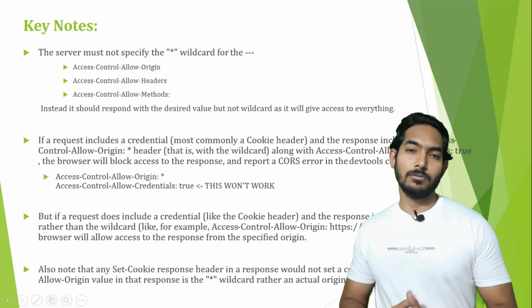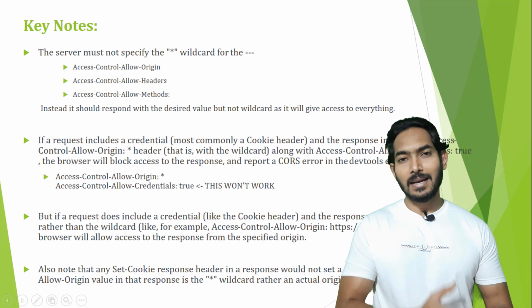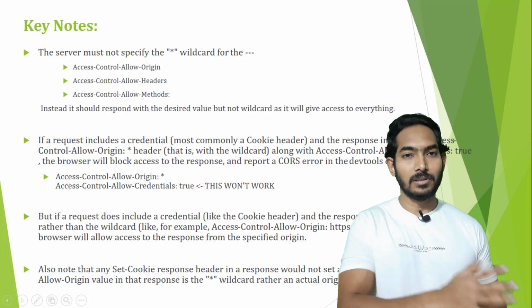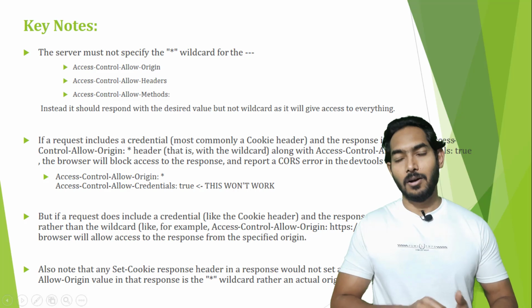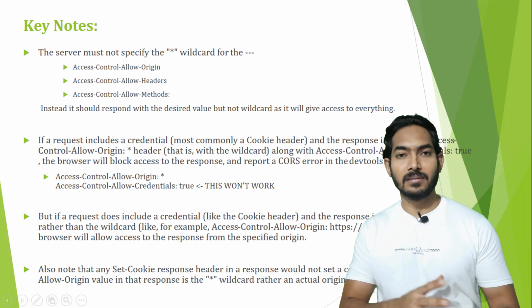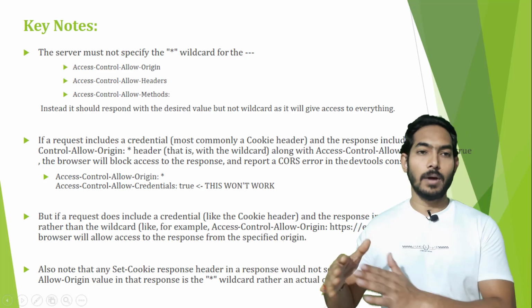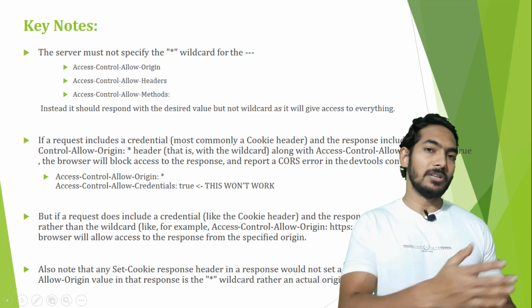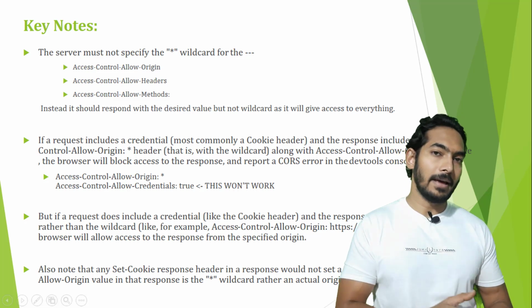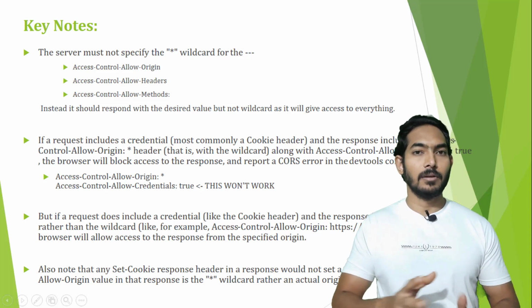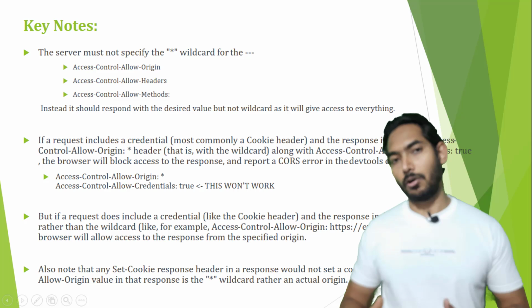Alright, now before moving to the practical session of this video, let's understand some keynotes of this vulnerability. There is something called a wildcard, and wildcard means it is giving access to everything. As I mentioned earlier, a server is configured with particular header values or particular methods, what is allowed and what is not, right?